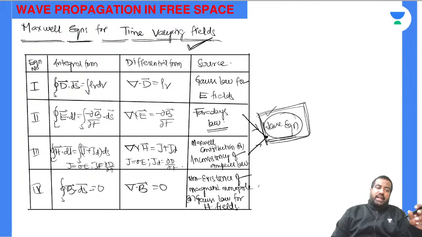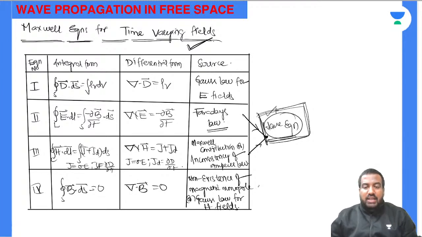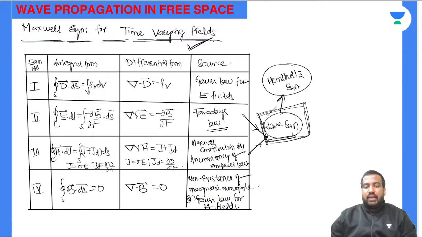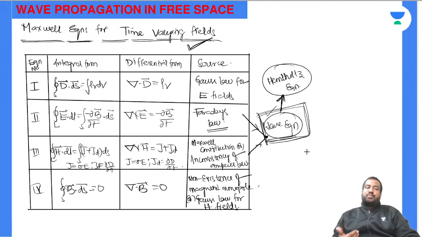See how closely module 2 is related to module 1. In module 1, we had stopped here. Now, I'll combine these two equations, you'll get a wave equation. Wave equation is also called Helmholtz equation, which will tell you how the wave is propagating.